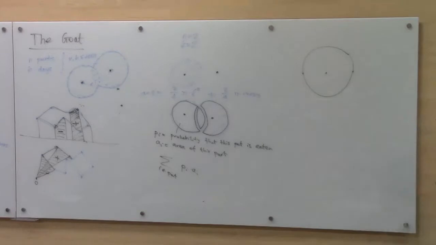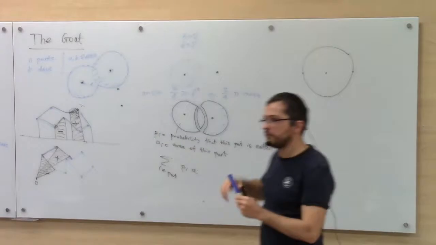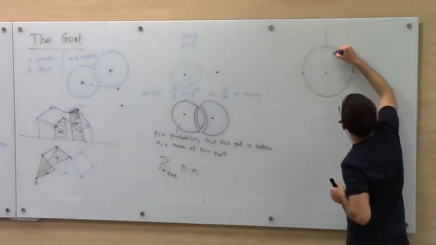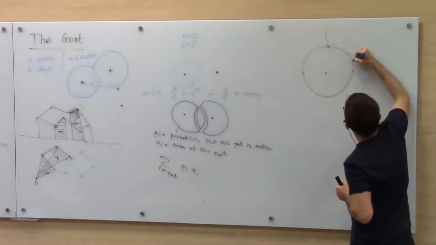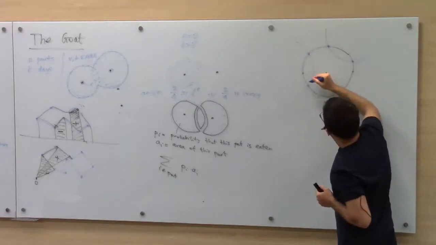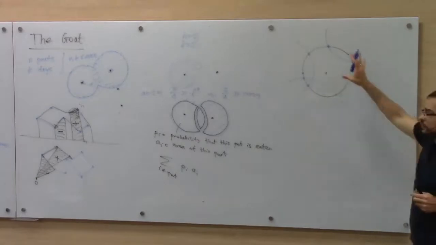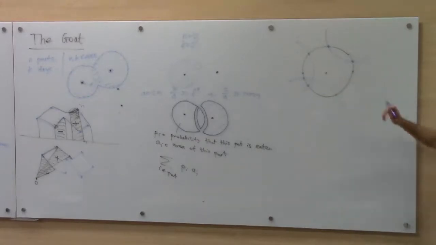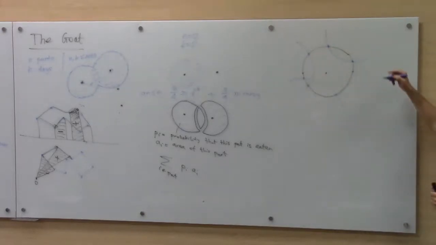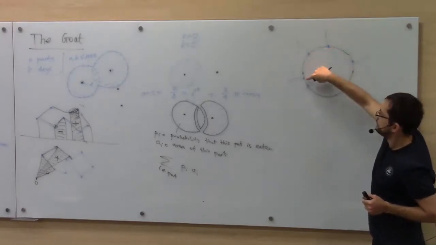How are these segments constructed? We need to consider every other circle which intersects this one, and every intersection looks like this. We can have another circle here, and maybe some other circle here. So we consider every possible other circle, and we calculate the points of intersection. And these points divide our original circle into segments.